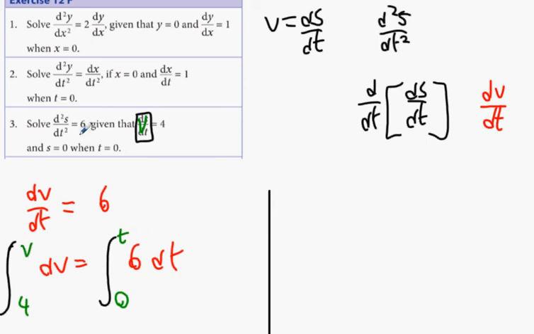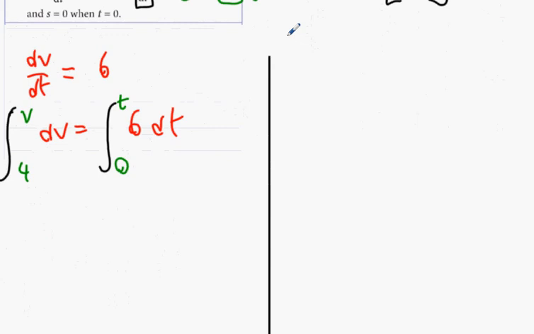When I solve this question, what will I be left with? When this answer is done, what should I have at the very end? S equals some sort of t equation with only t in it as the variable. Until I get there, I'm not done. So then, what happens next, guys?